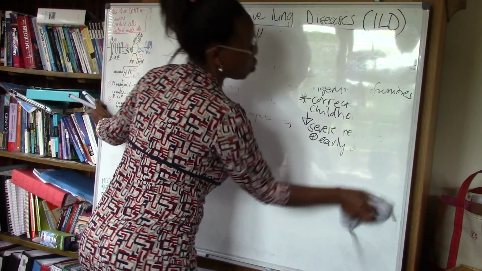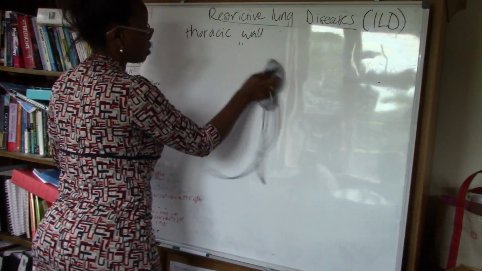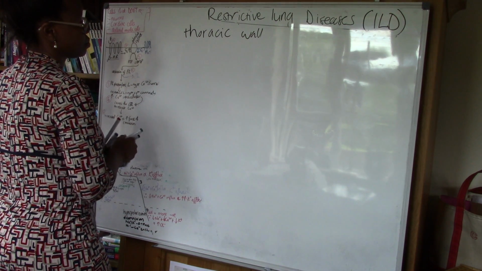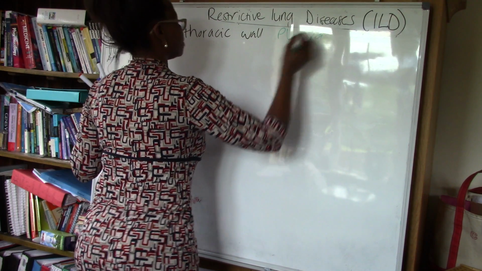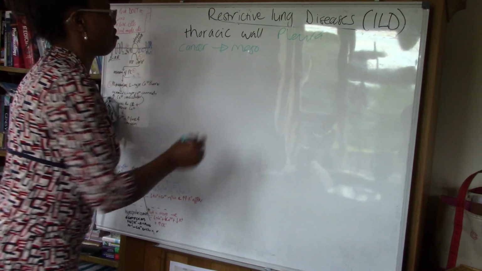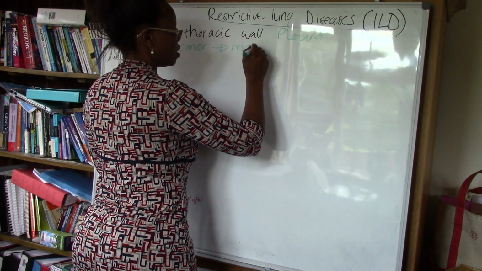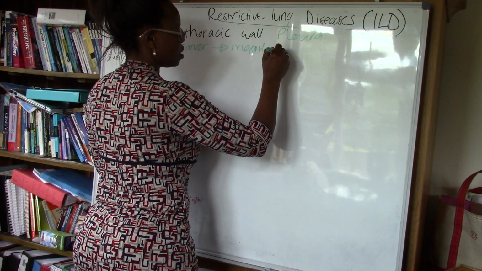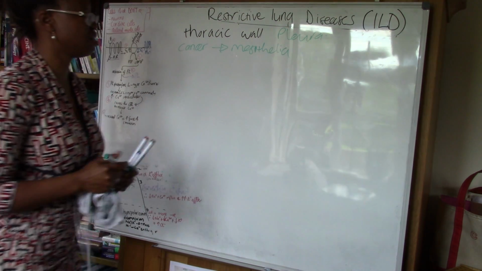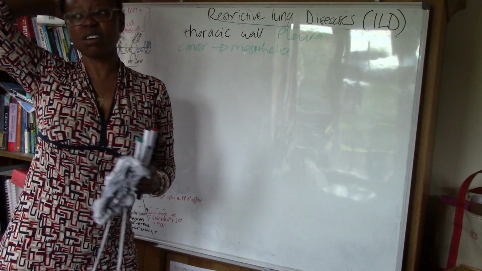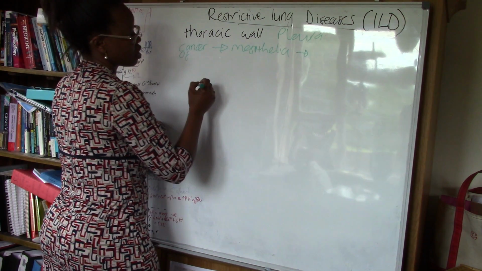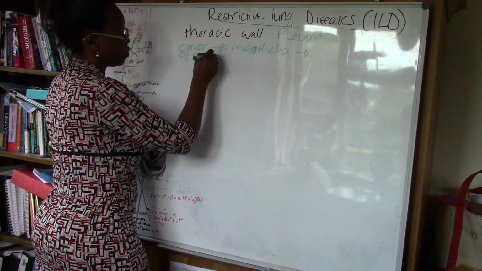And then other thoracic wall pathologies include the pathologies from the pleura, which will include cancer, mesothelioma, which affects the pleura, shall we say cancer of the pleura.